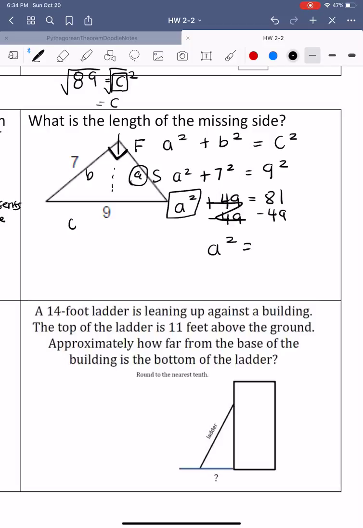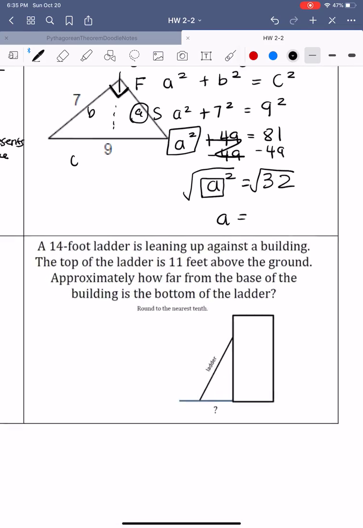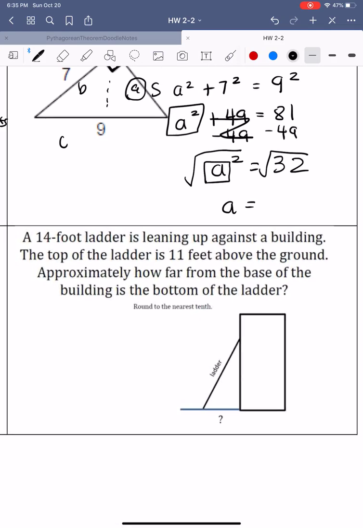And we'll be left with 32. And once again, looking for a, not a squared. So square root of both sides, and we'll be left with our answer. Alright, and last one for this day.